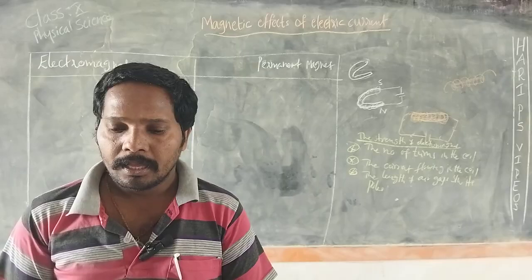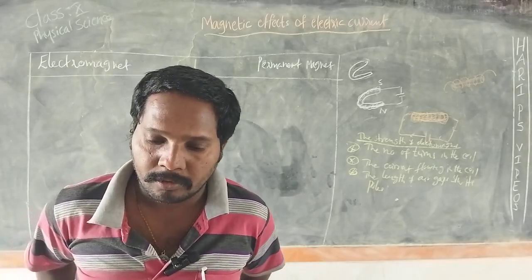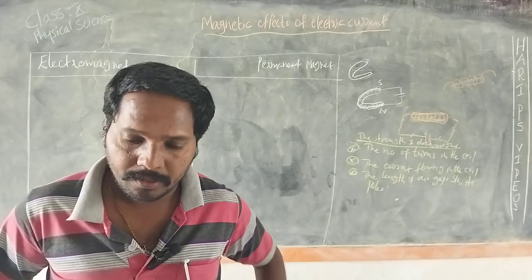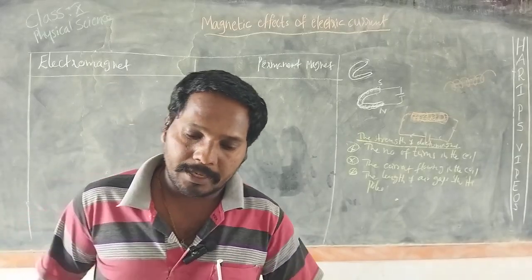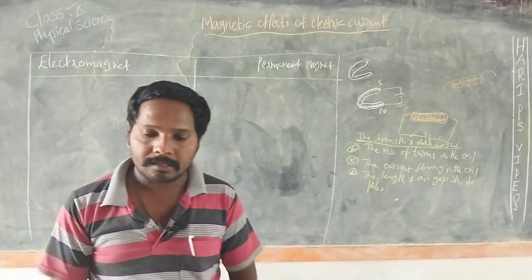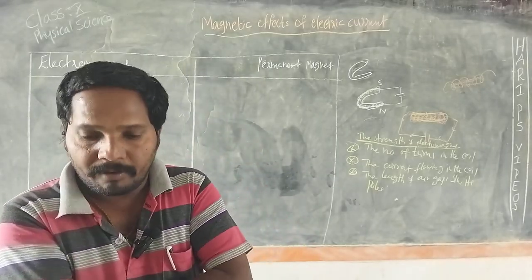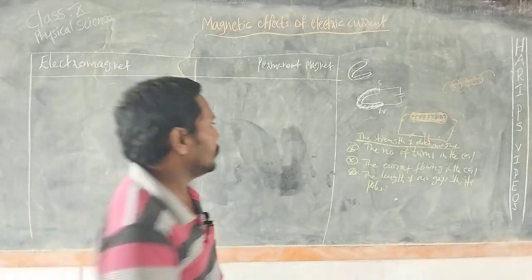For example, the air gap between the poles of a straight bar type electromagnet is quite large. So a bar type of electromagnet is not very strong.